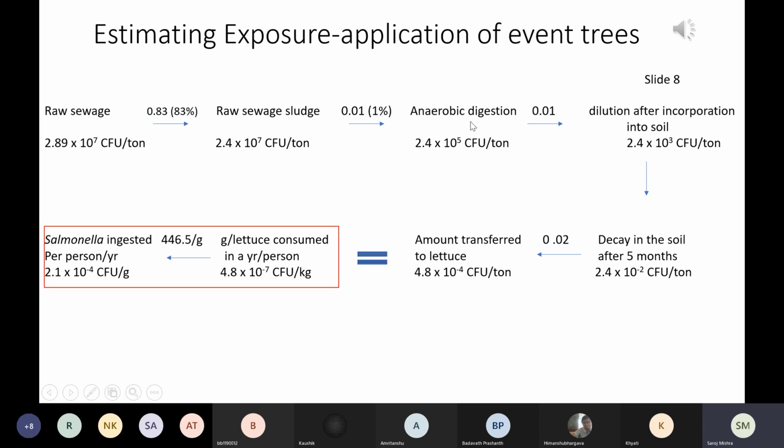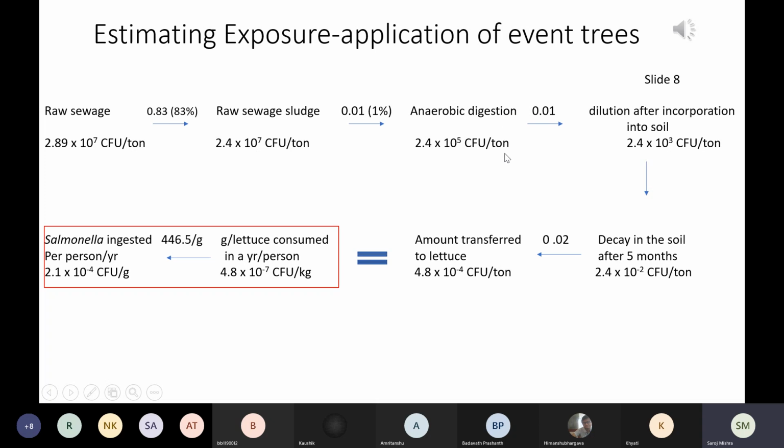Now you carry out anaerobic digestion, and the sludge which is left behind carries 1% of this, which is 2.4 times 10 to the 5 colony forming units. The rest is completely gone. So in that solid part left behind after anaerobic digestion, you have 2.4 times 10 to the 5 colony forming units per ton of sludge.